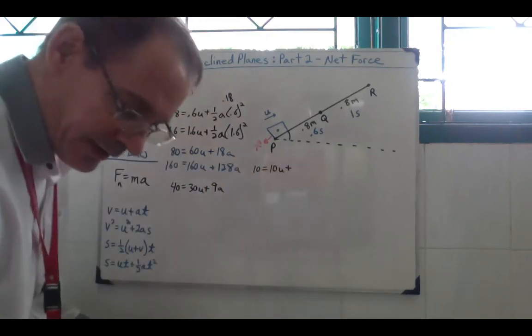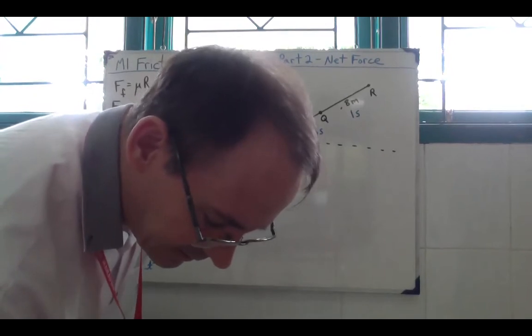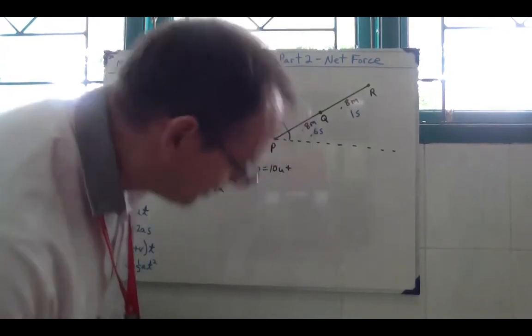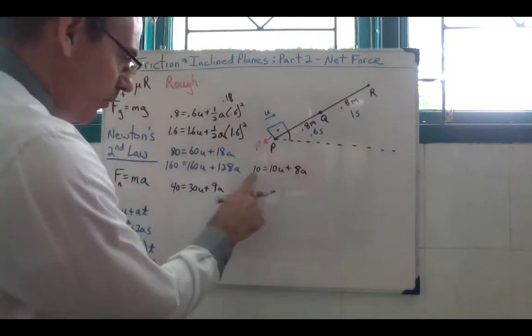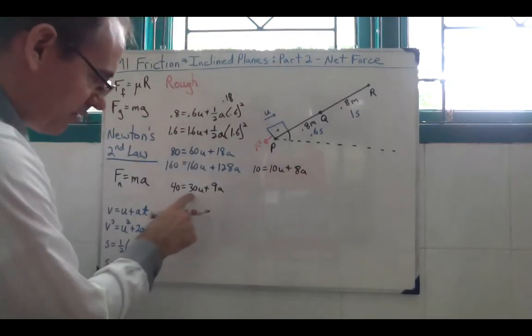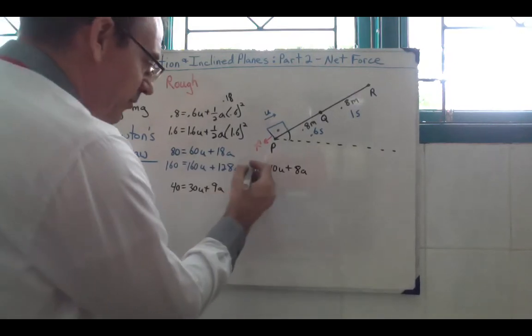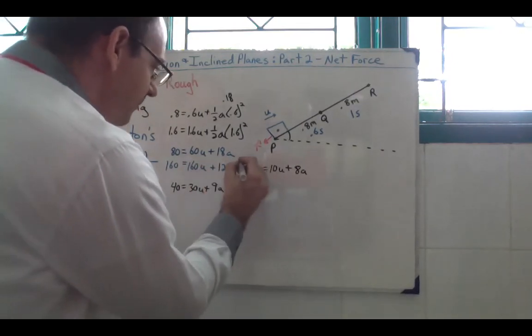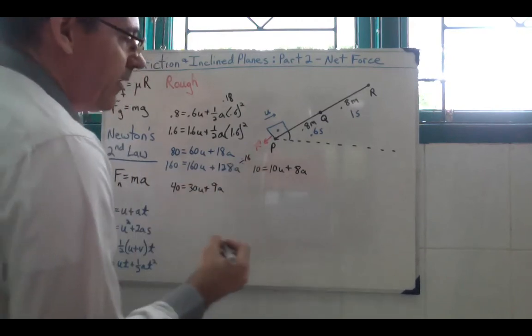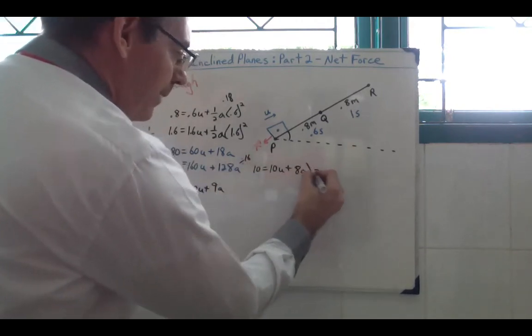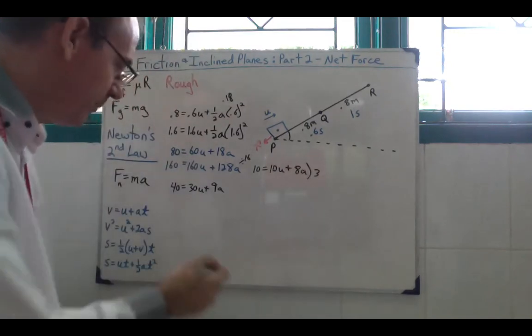We divide 128 by 16, gives 8. So now we want the 10 and the 30 here to match up. So we divided by 16, but now we're going to multiply by 3.